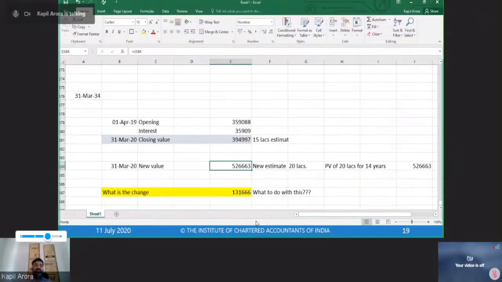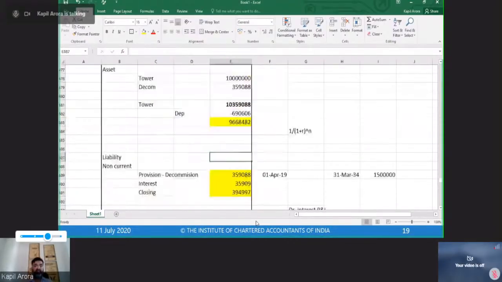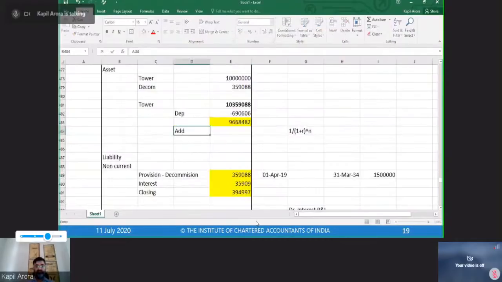The change between these two values will be added to the value of asset.